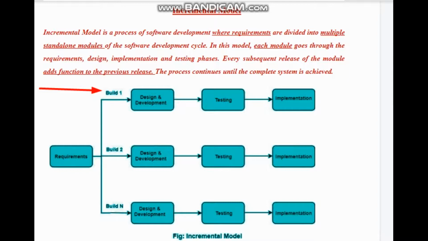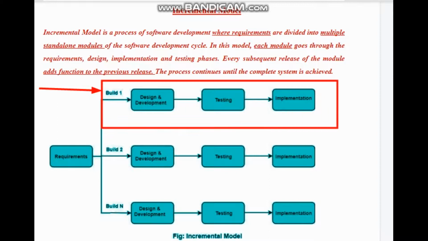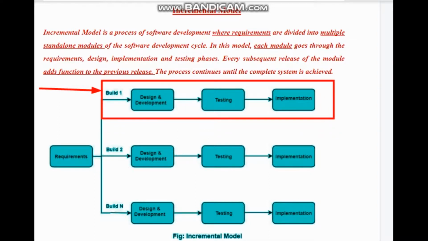Now what happens? Build 1 is tested again, and if there are any problems, or if we notice that in this first approach of software development there are some problems, then it will go for the second build, that is called build 2.